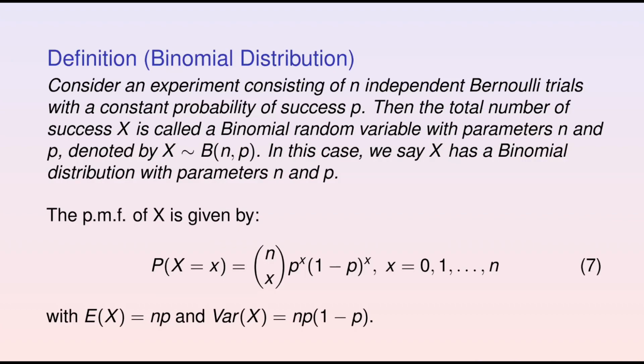And then the total number of successes: we're interested in the total number of successes. X is called a binomial random variable. Here the parameters are n and p, denoted by this.